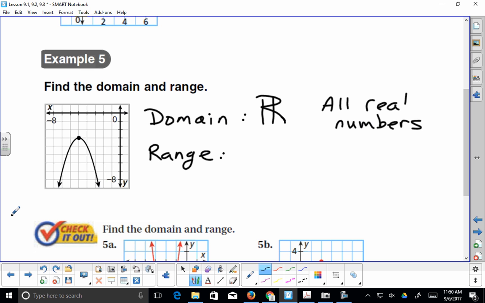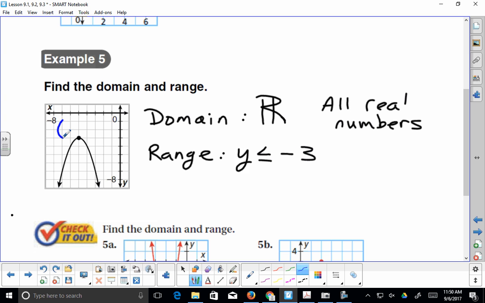Since this graph has a max, the range is going to be y is less than or equal to the y value for the vertex, which is -3. So we say y is less than or equal to -3.